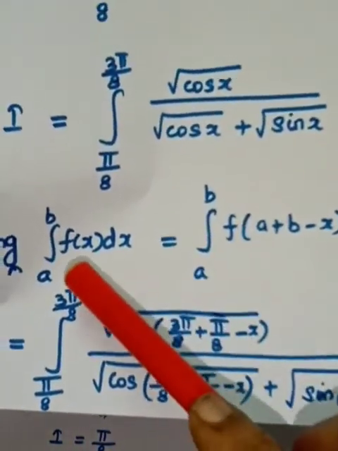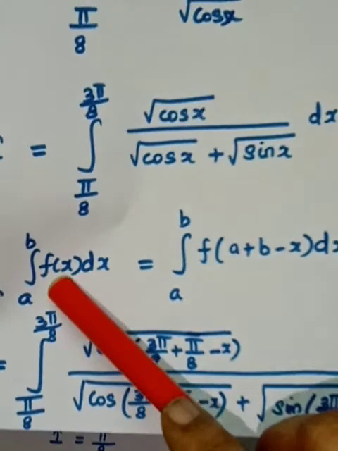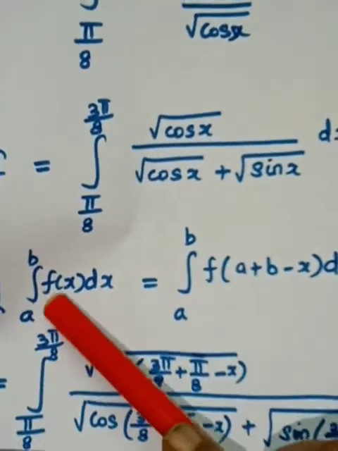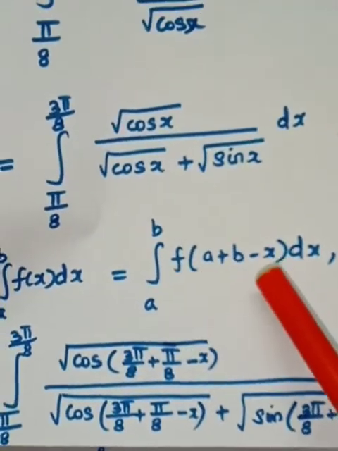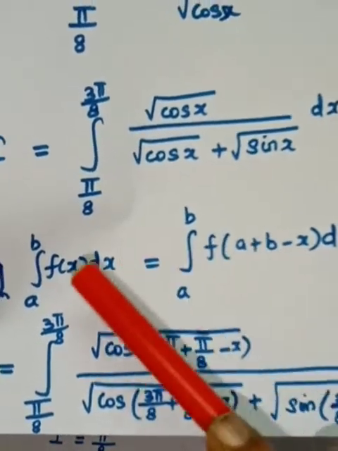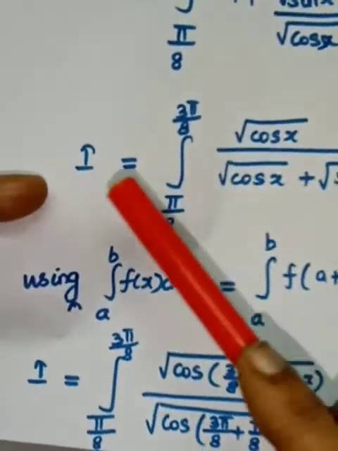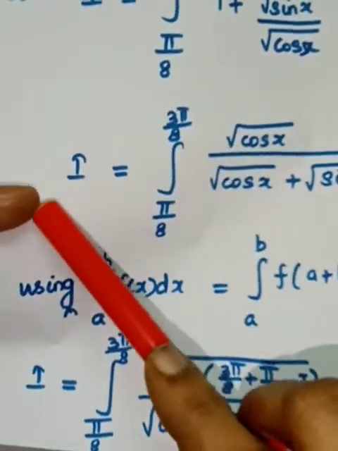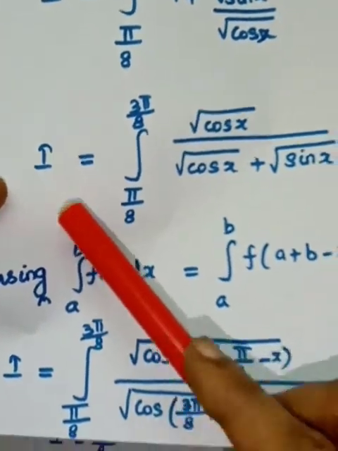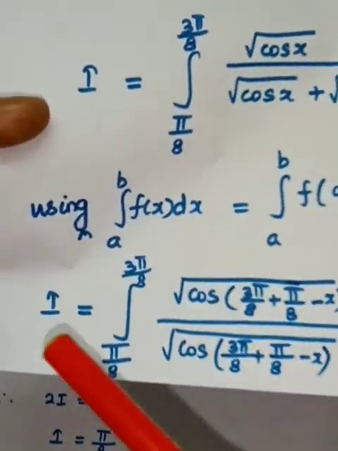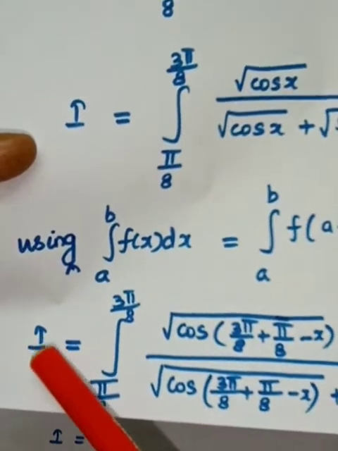Okay. So what we have said according to the property, after replacing x as a plus b minus x, both the integrals having the same value. So before replacing, what is the value? It is I. So after replacing also, it has to be taken as I.